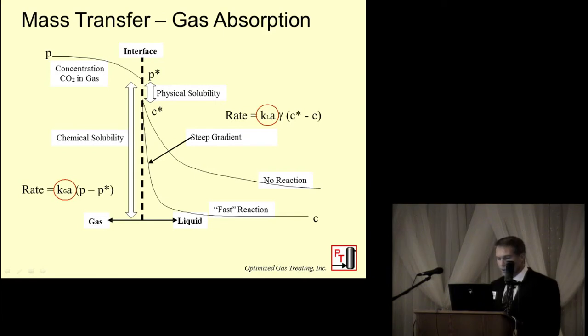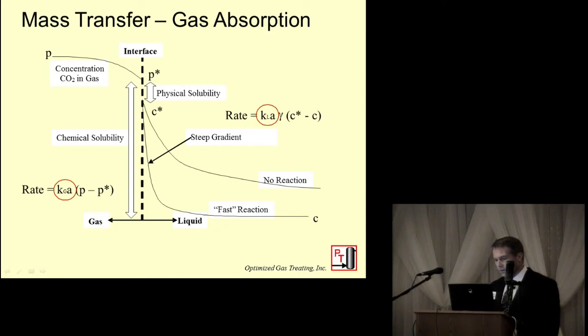In the same way, on the liquid side, we have the liquid CO2 dissolved concentration, that's C star. We assume equilibrium happens at the interface, but only at the interface.